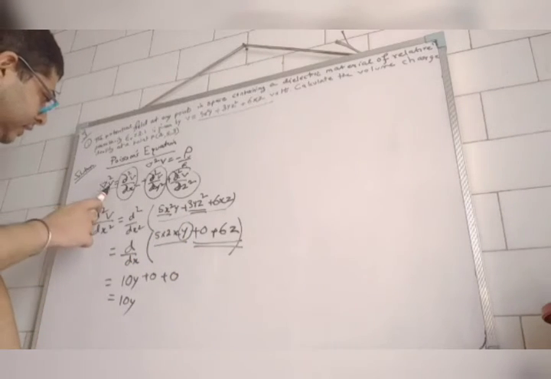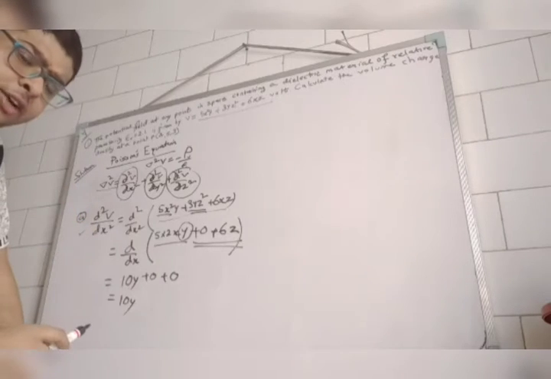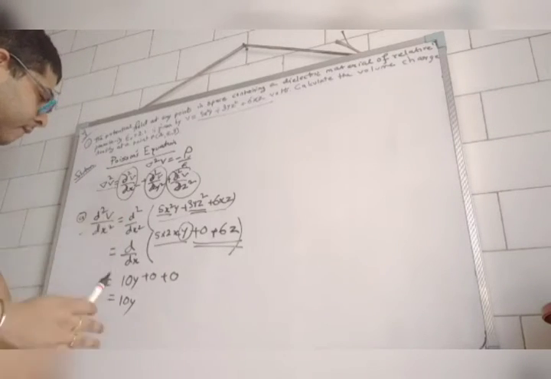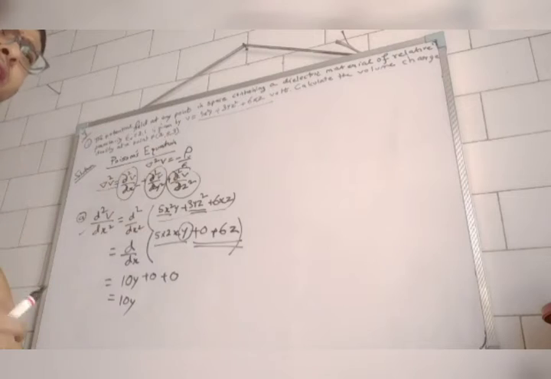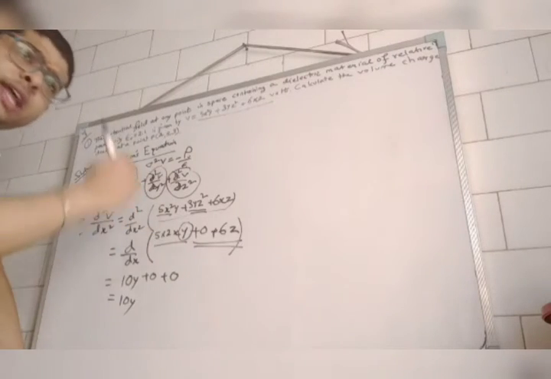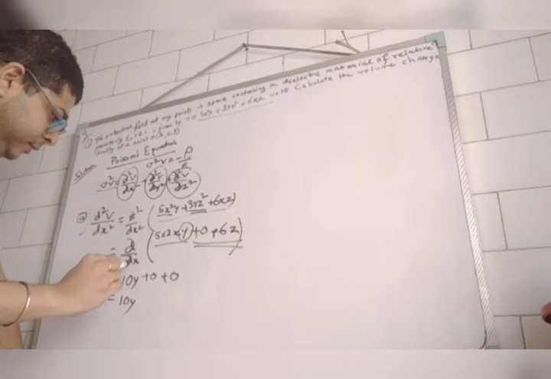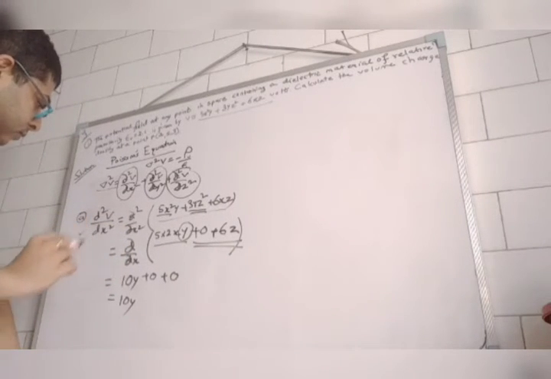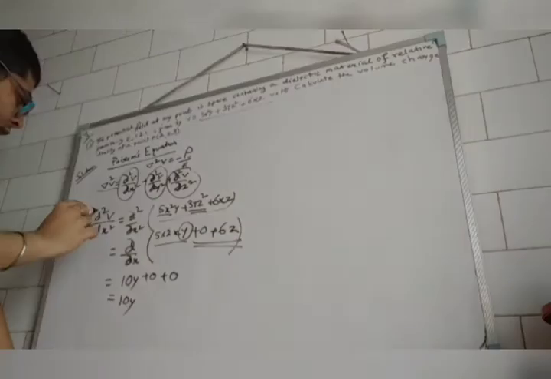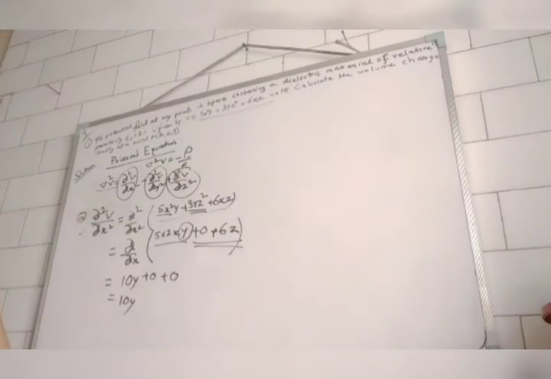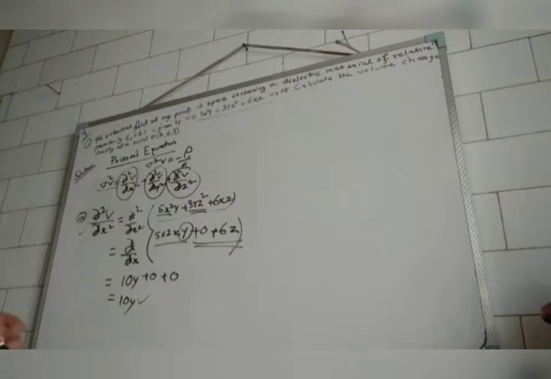The potential is a function of x, y, z, but we are taking the differentiation with respect to x, then y, then z. So this should be the partial derivative. If you calculate this, you will get del square V by del x squared is basically 10y.